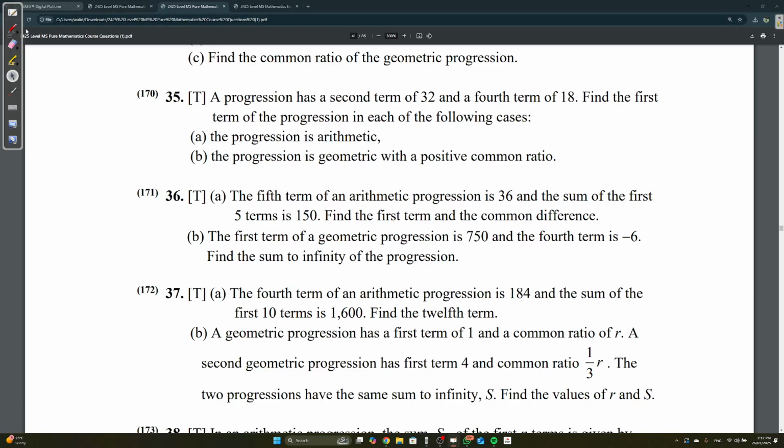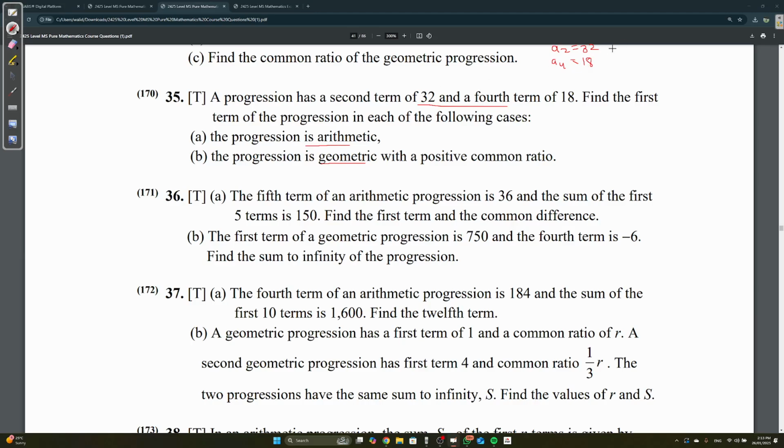35, a progression has a second term of 32 and a fourth term of 18. So they're saying find the first term in each of the following cases, if it's arithmetic and geometric. So a2 is equal to 32 and a4 is equal to 18. Find the first term if the progression is arithmetic.